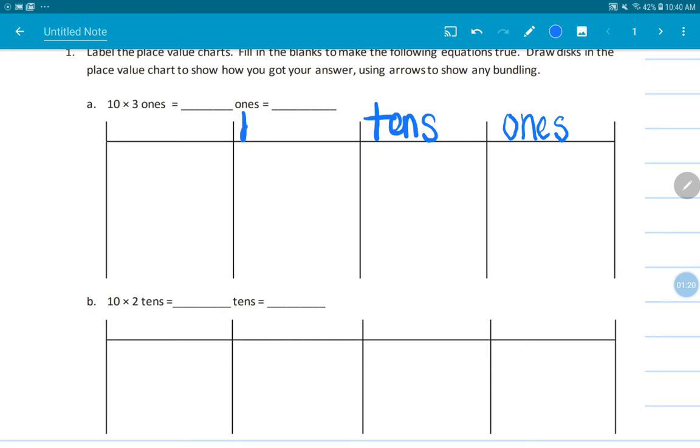Hundreds. And the largest unit that we have on this place value chart is what, Harper? Thousands.